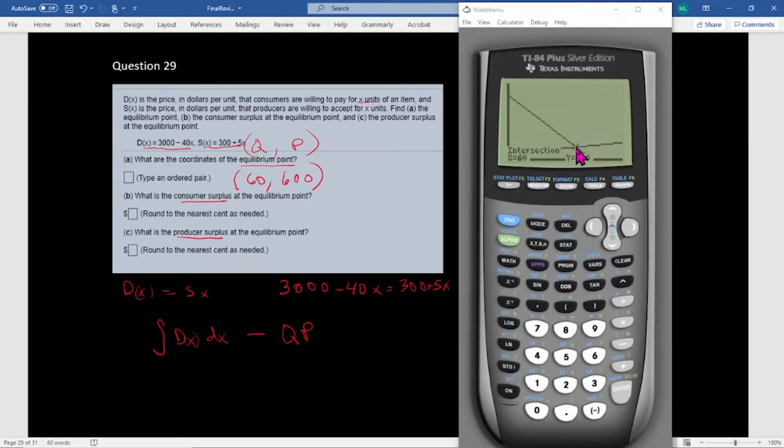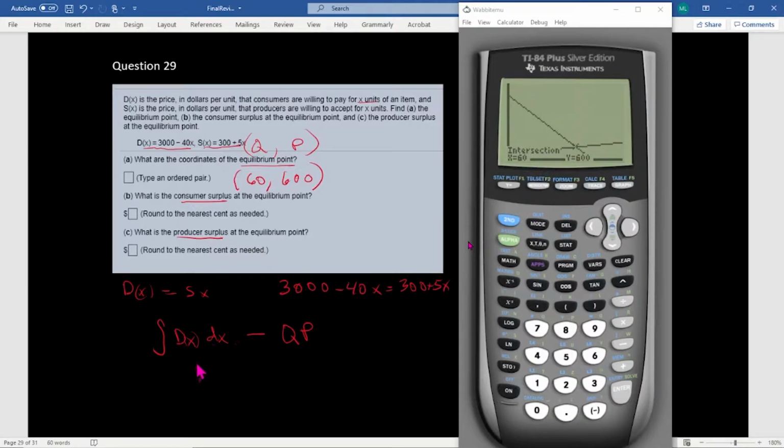We're getting this area from here. We're getting this little rectangle that is 60 by 600. Now, 600 is obviously higher, but because of the window size, we're going from 0 to 100 and 0 to 3,500. But it's this little rectangle that would be right here.